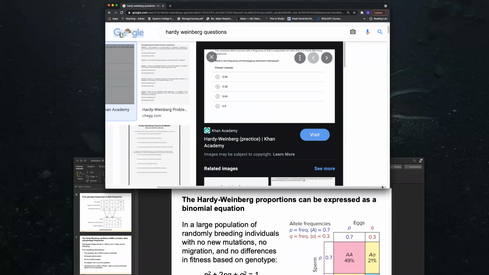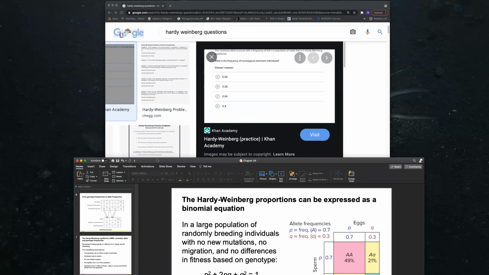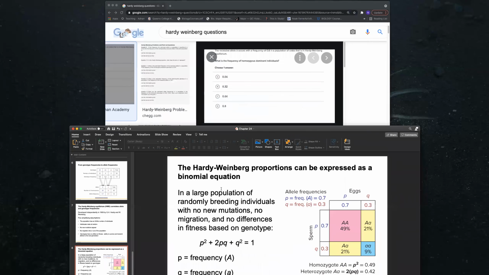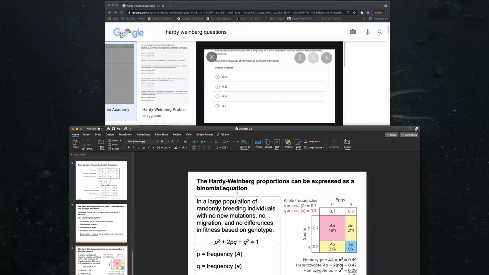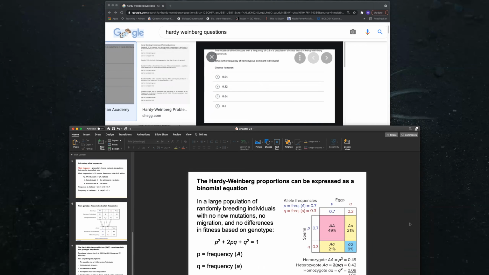So what was P? 0.2, right? Yeah, P would be 0.2. So then P squared is 0.04. Yeah, since it's a fraction, it gets smaller. Yes, that's right.